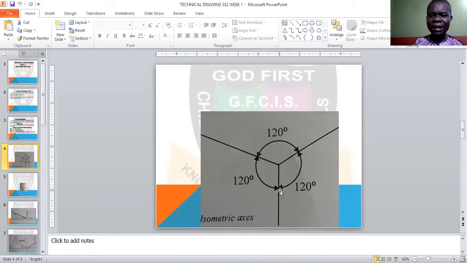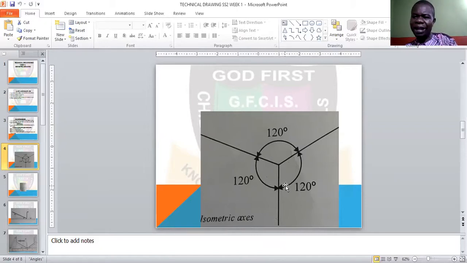We also look at this other one. The same way, what is applicable to the left is applicable to the right. If you have a horizontal line here, this is 90 degrees, then you use 30 degrees set square to take this inclined line or receding line. That means you also have 30 plus 90, giving you 120 degrees.